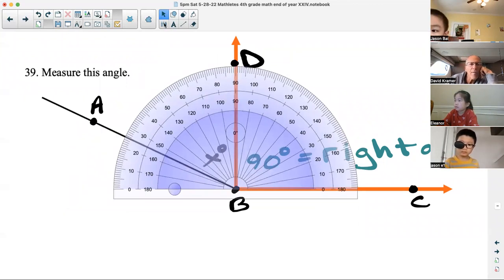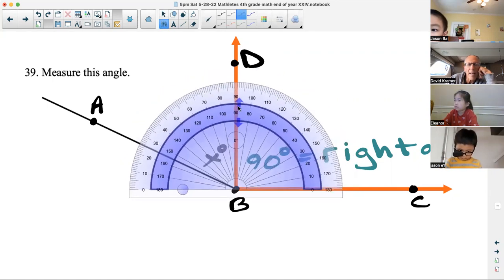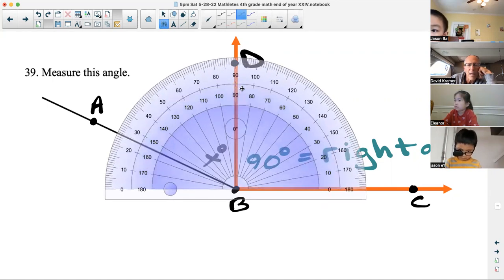And sure enough, look what we have here. 90 degrees, exactly as Jason had said. Now, who thinks they know what the total angle ABC is?